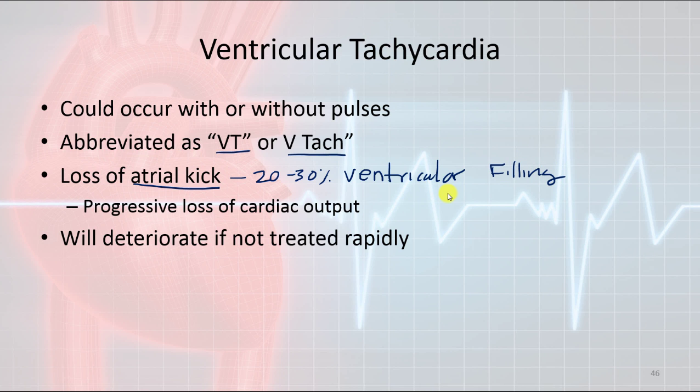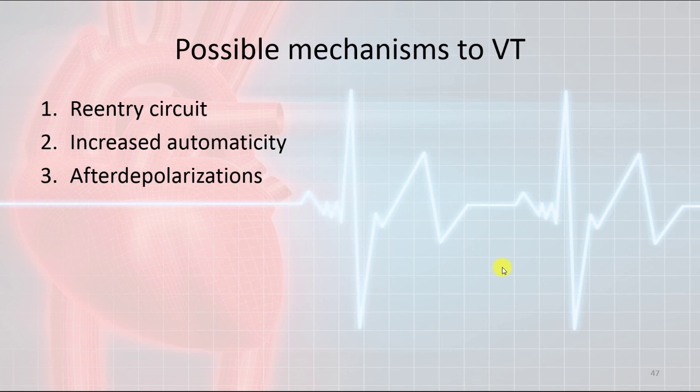What we call that is preload. If VTach is not treated aggressively, it will potentially deteriorate into something that is more like a VFib or even asystole.